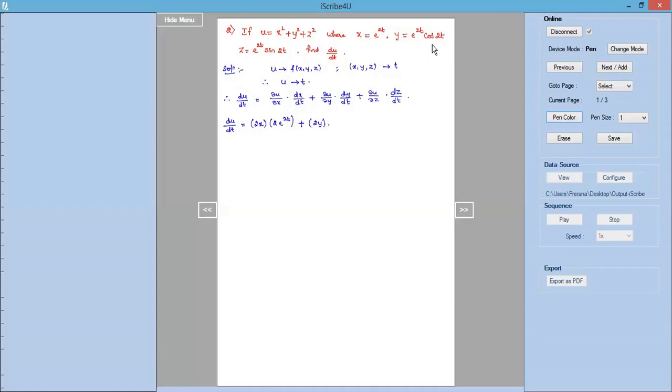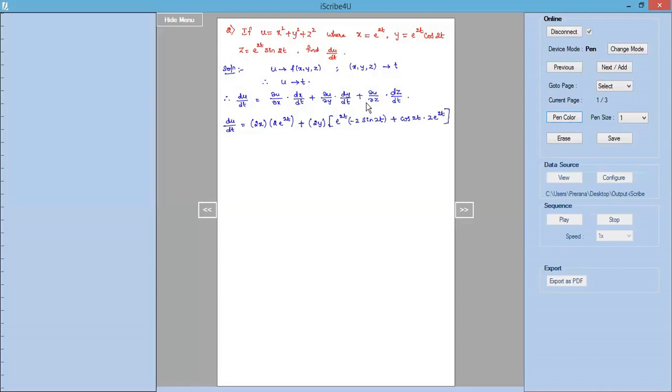So dy by dt involves product rule because we have a product of two functions e power 2t into cos 2t. So let us find out dy by dt applying the product rule. So product rule says, first I will keep e power 2t as it is. Differentiation of cos 2t is minus 2 sin 2t plus cos 2t as it is. Differentiation of e power 2t is 2 e power 2t.